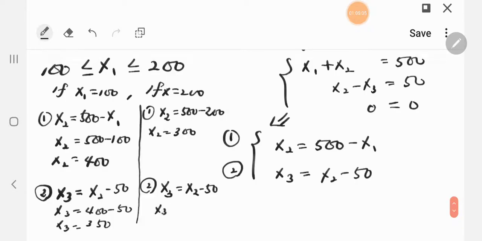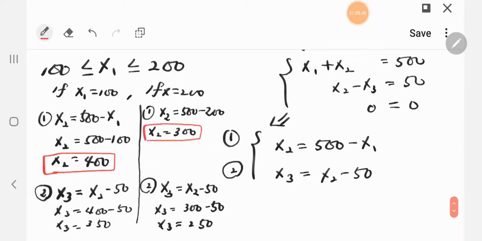So x3 is equal to 300 minus 50, then x3 equals 250. So as you see, if x1 is 100, then x2 will be 400. And if x1 is 200, then x2 will be 300.